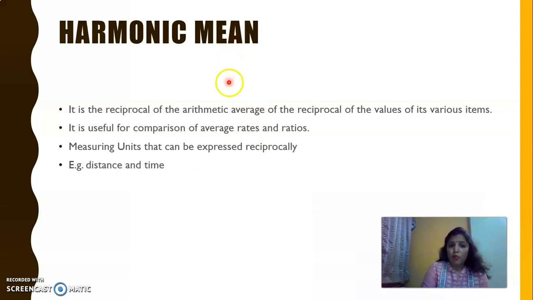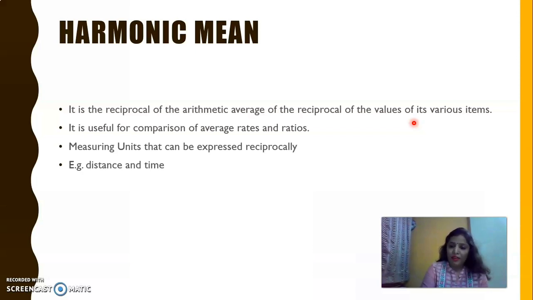Next comes harmonic mean. Harmonic mean is the reciprocal of the arithmetic average of the reciprocals of the values of various items. Say for example, in your data set, you have 2 observations, 10 and 20. First of all, we need to take the reciprocal of these 2 observations.